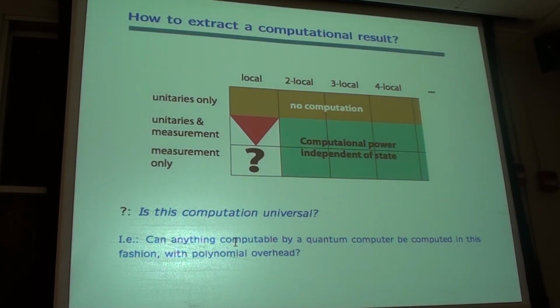And yes? So in the sector that you've labeled computational power independent of state, do you mean that you get computational power whether or not the state is specially prepared, or that the degree of power is independent of how the state is prepared? You get universal quantum computation, and you don't need a state to begin with.